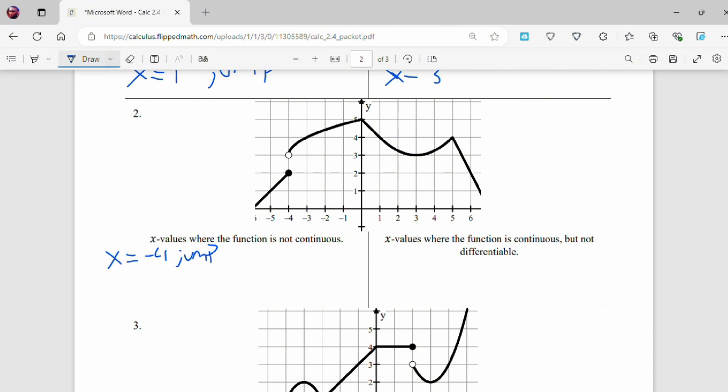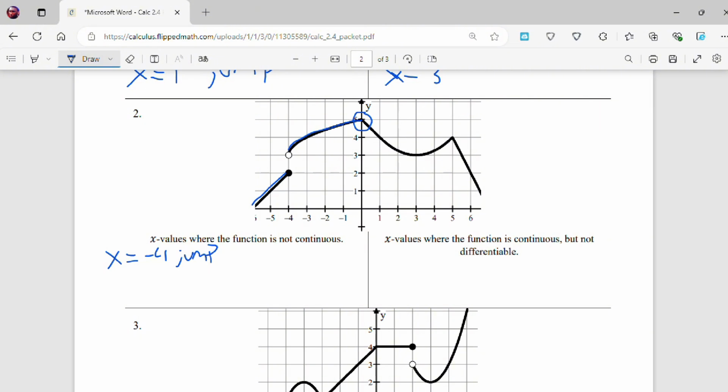And then for our right side, the function is continuous but not differentiable. So we're looking for corners, cusps, or discontinuity. No discontinuity, just corners, cusps. Okay, and so I'm going to start from left to right. We have a jump here, and all of a sudden we have this corner right here.